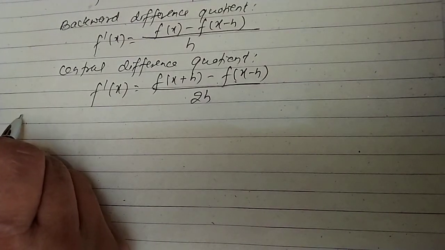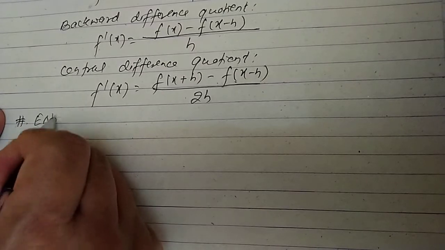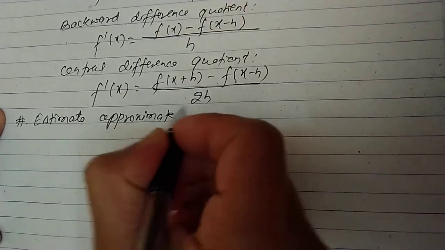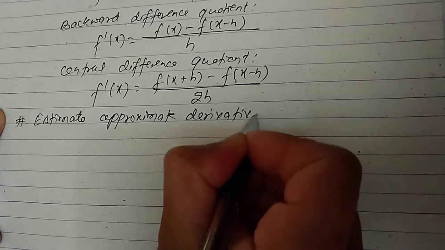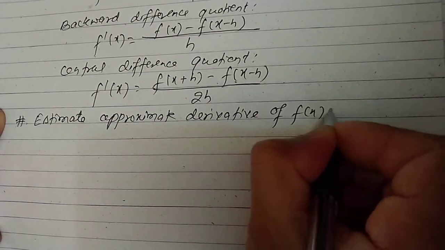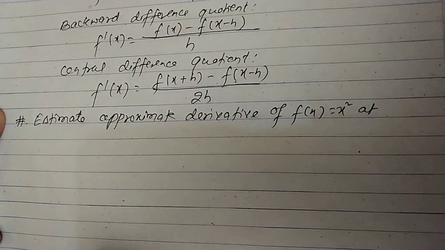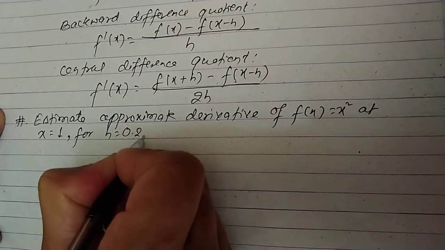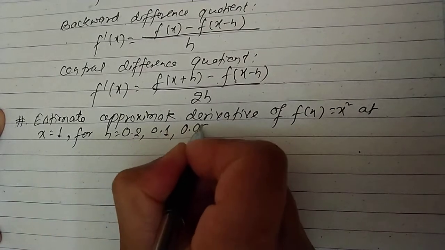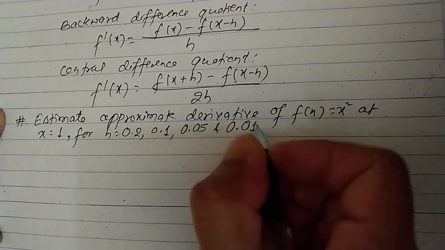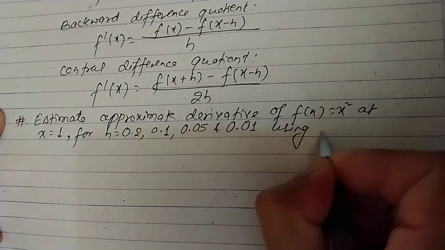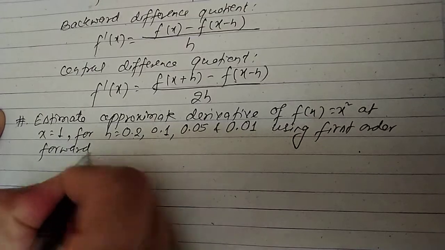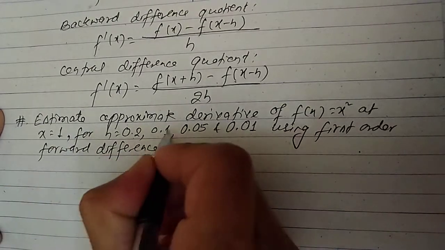Let us write down the problem. Estimate the approximate derivative of f of x equals x square at x equals 1 for h equals 0.2, 0.1, 0.05 and 0.01 using the first order forward difference formula.